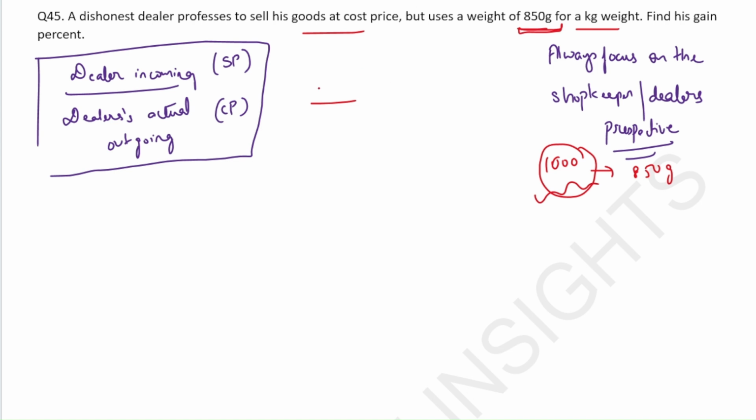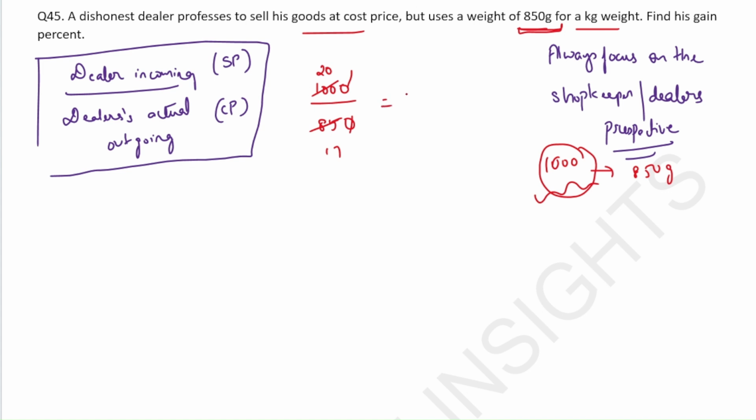So just write the 1000 here divided by how many? 850. So this is the actual weight that he is using. So cancel. 5 2s are 10, 5 1s are 5, 5 17s are 85.